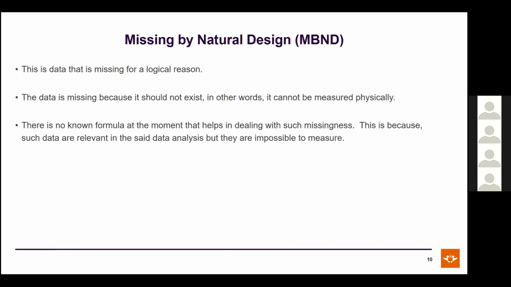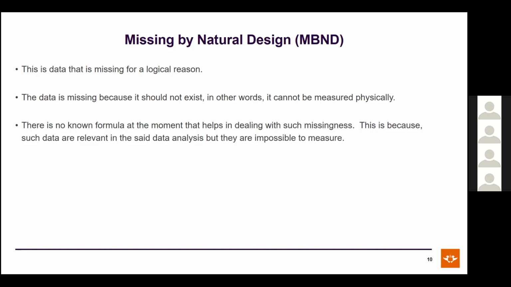So you'd see the last two mechanisms, missing not at random and missing by natural design. Then you actually sit back and think, okay, if we are saying the data is missing because it should not exist in the first place, imputing that data, or coming up with a technique to impute that data, it already sounds difficult.